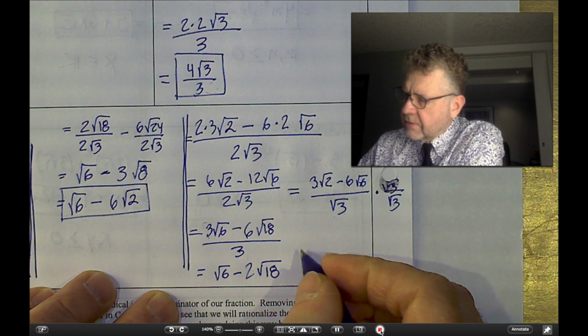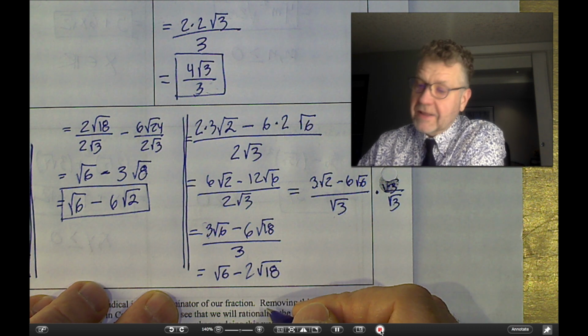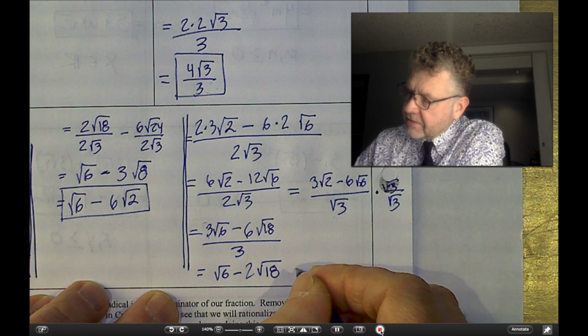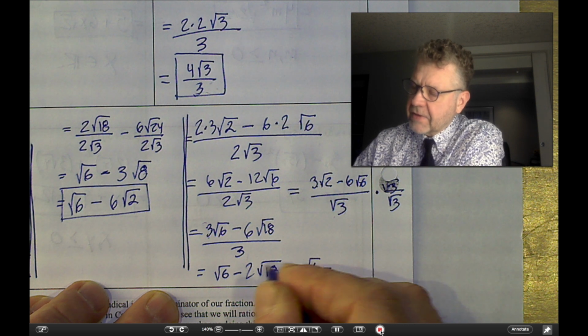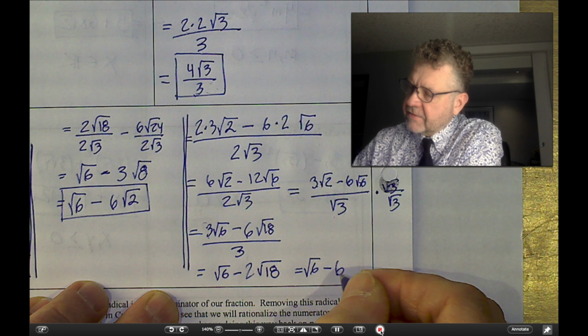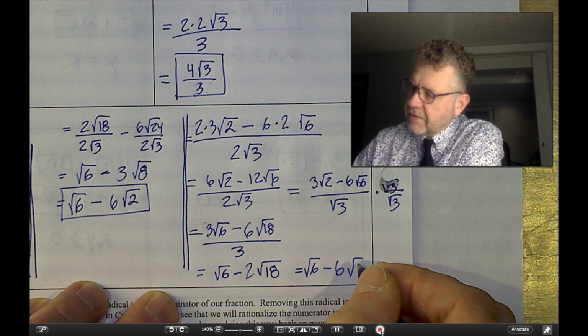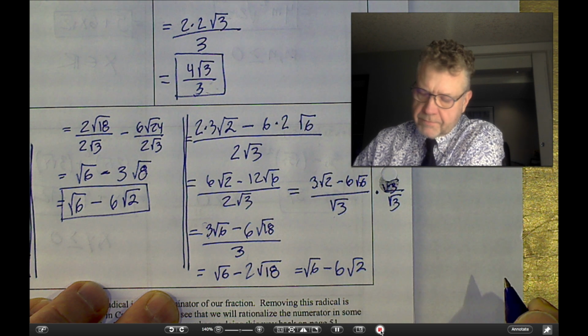And now, are there any perfect squares hidden in the 18? Yes, sir, there's a 9, right? So that's going to be root 6 minus, I take the 3 out, it's going to be 6, and I'm left with root 2. Okay?